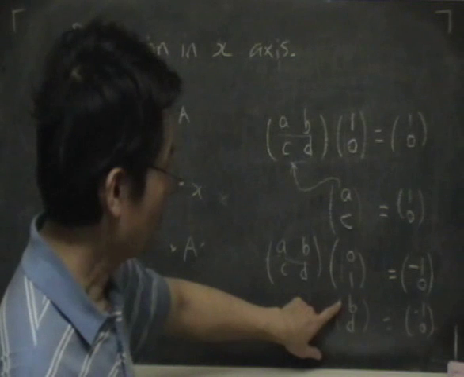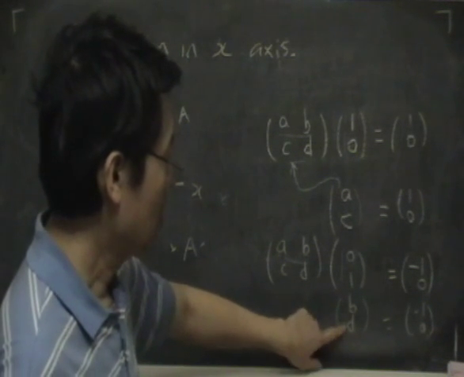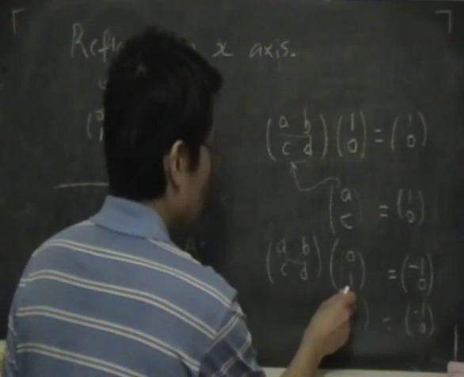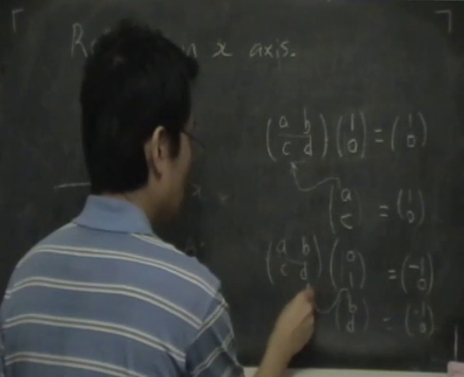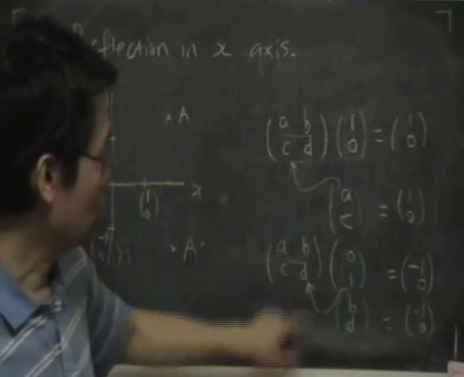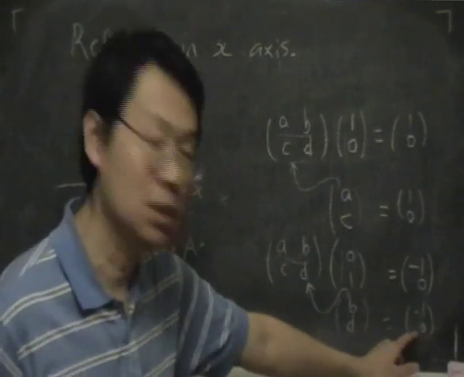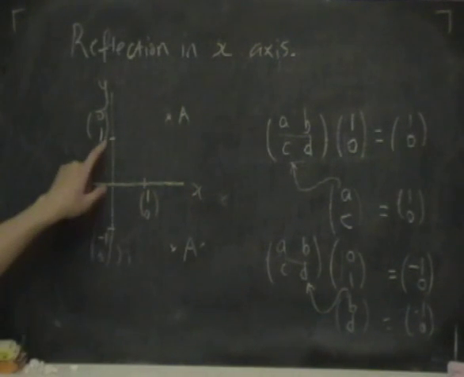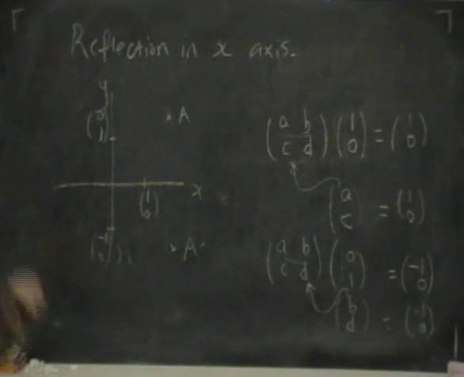And this time, notice that I have B, D down here, which just happens to be the second column of the matrix. So the second column of the matrix is the image position of the point 1 on the y-axis.